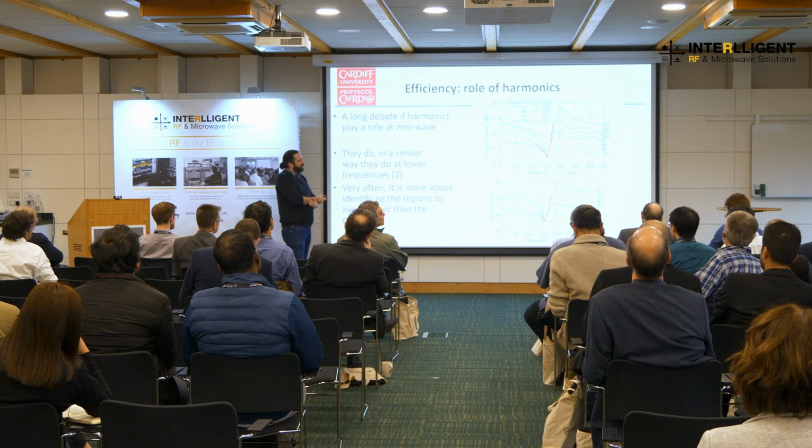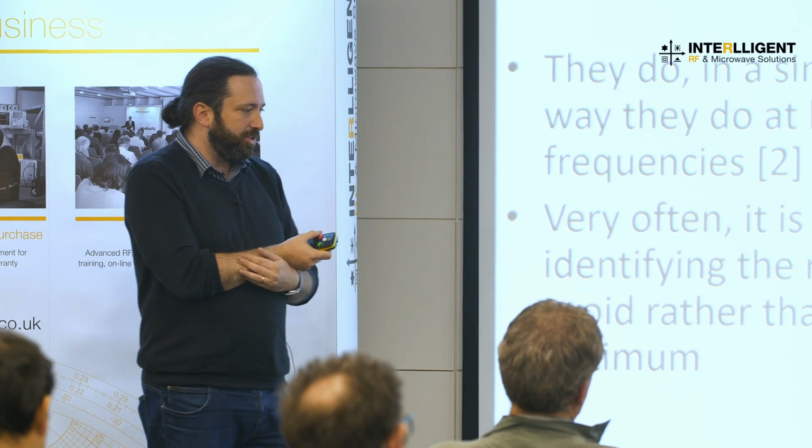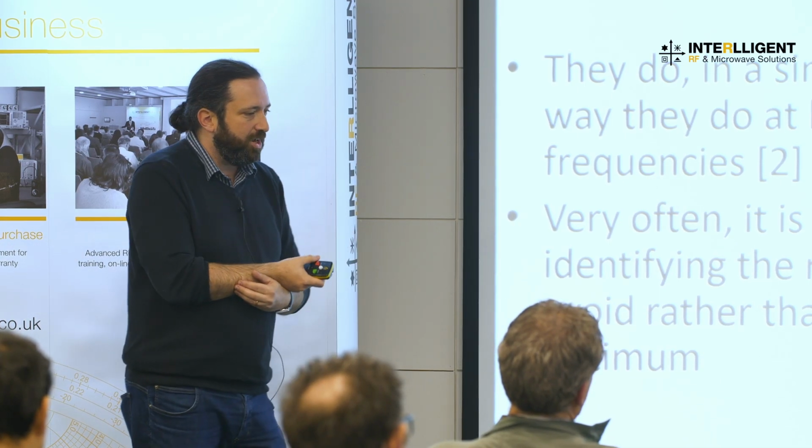So it's very difficult to do a design with confidence that puts you in this region. More likely, you will try to be in a region where you have a good efficiency and stay as far as possible from the region where the efficiency is actually bad. We found this quite repeatedly over the years, over any type of device, and it's still true.